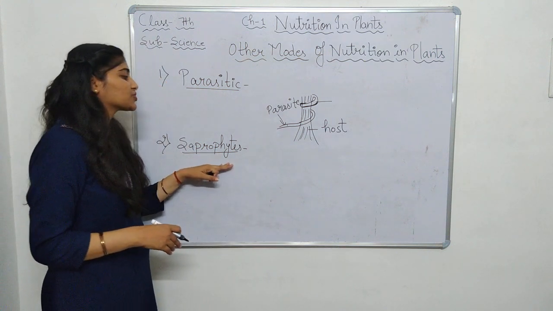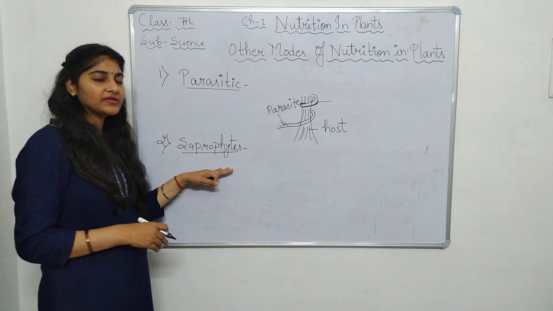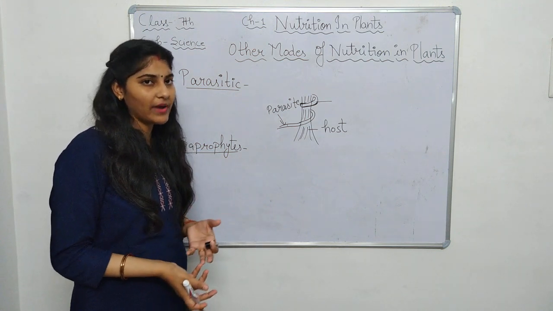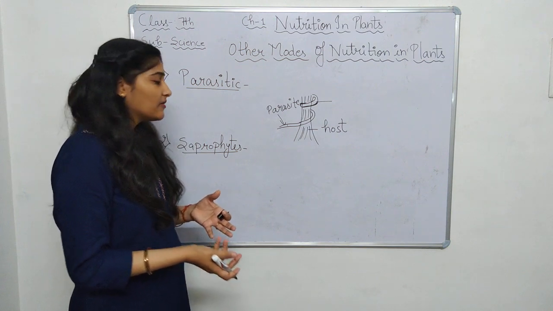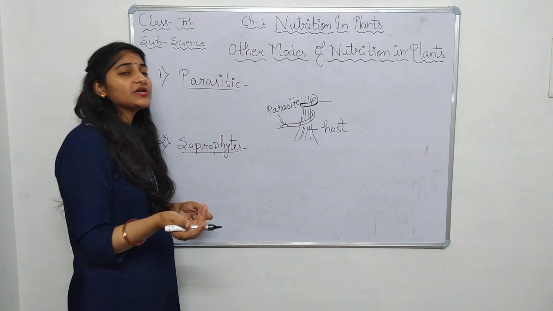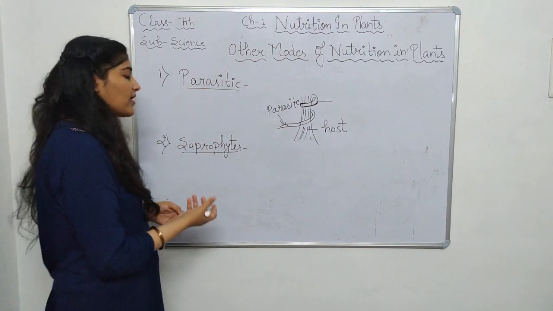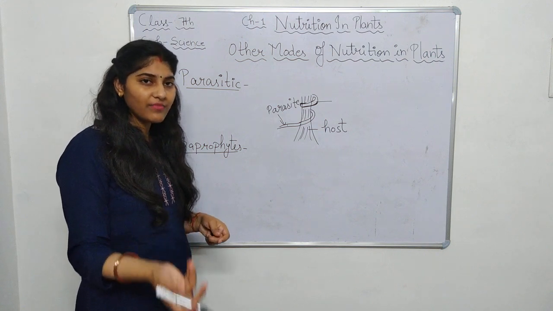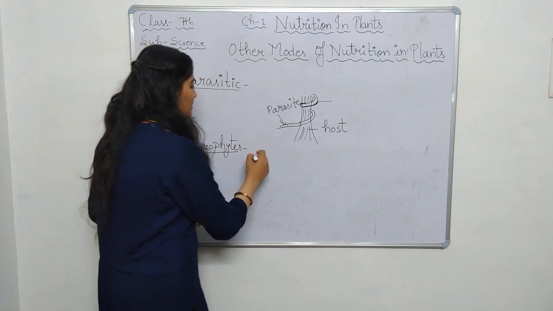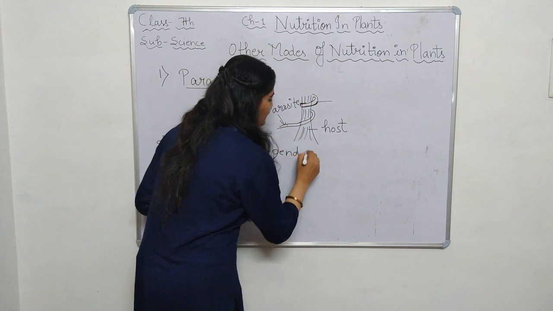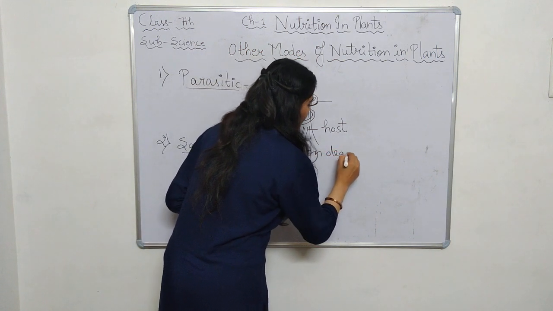The plants which come under the category of saprophytes depend on dead and decaying organic matter for their nutrition. For example, fungi. Fungi is a kind of saprophyte. It takes its nutrition from dead and decaying organic matter.